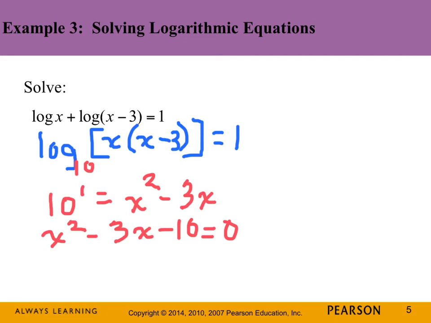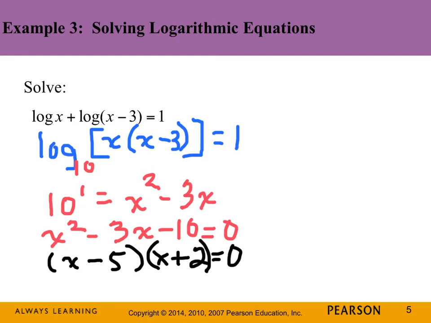And this certainly does factor into x minus 5 times x plus 2 equals 0. So it looks like we have 2 possible solutions. x equals 5 and x equals -2.